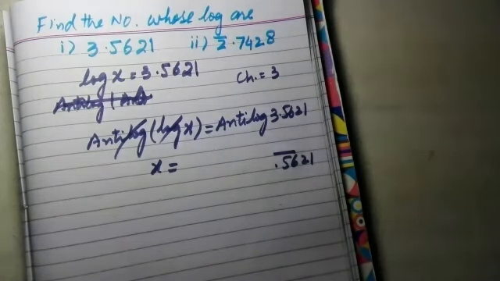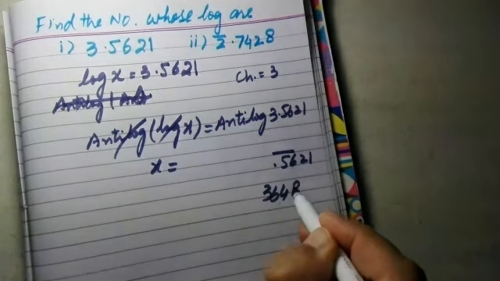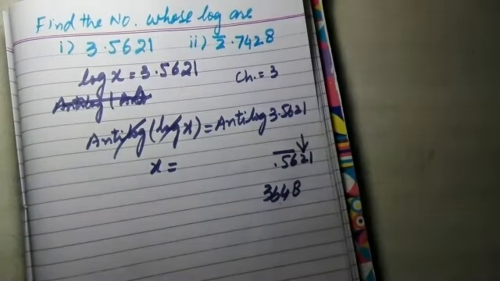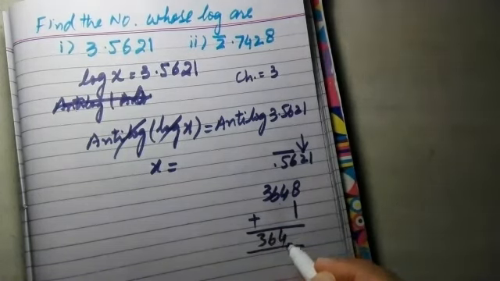There is a number 3648. I have seen 0.56 in the column of 2, and in the difference column of 0.56 there is written 1. So I will add up these two numbers, 3649.